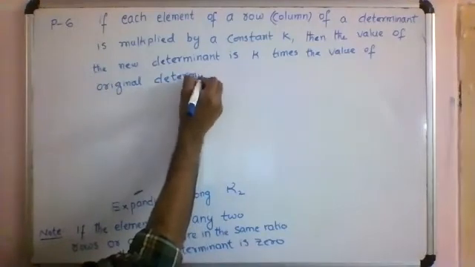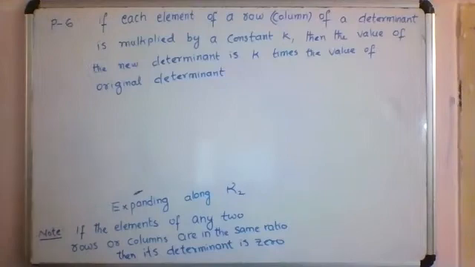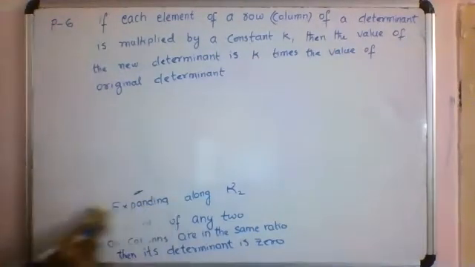Original determinant means the first taken determinant. First of all, we take a determinant and write a determinant with a particular row or column multiplied by k and see its determinant value. You will observe that k will come outside and the original determinant will be left. I can explain this by one example.